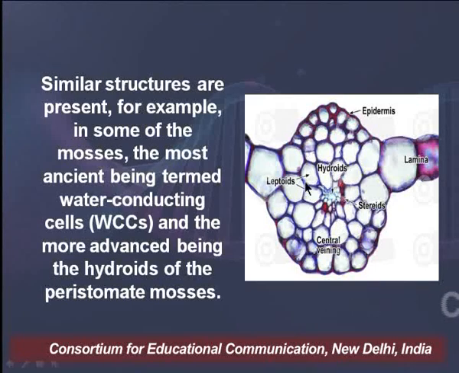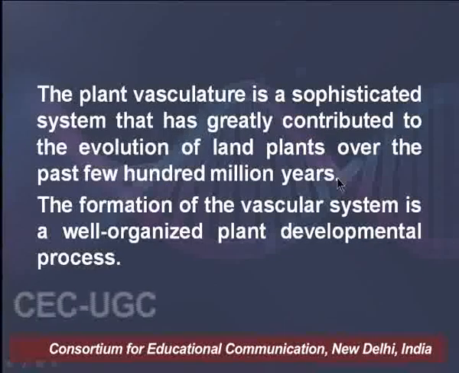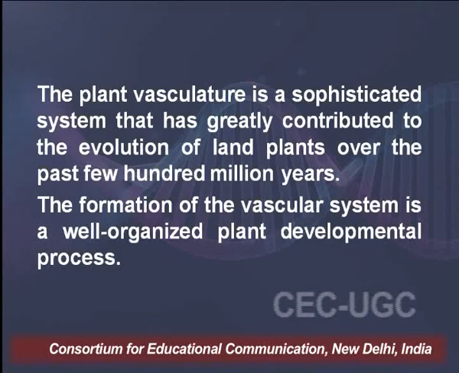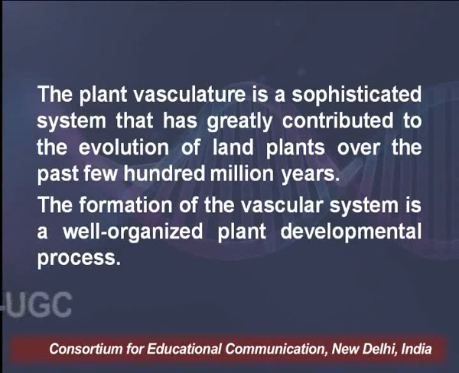We will see that these leptoids later evolved into phloem tissues, and the hydroids evolved into xylem tissues. The plant vasculature is a sophisticated system that has greatly contributed to the evolution of land plants over the past few 100 million years.